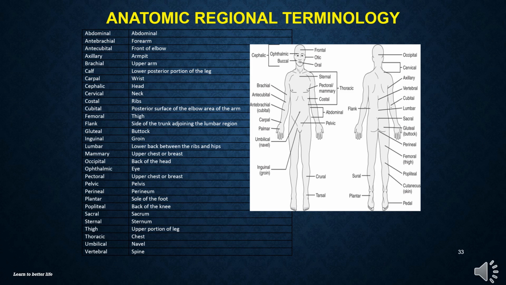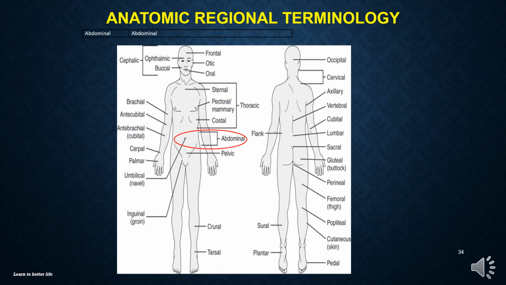There are quite a few terms. We are going to learn one by one in the alphabetical order of this table. Here is the abdominal area. See the red circle. Antebrachial means the forearm. Antecubital is the front of the elbow. Axillary means armpit.